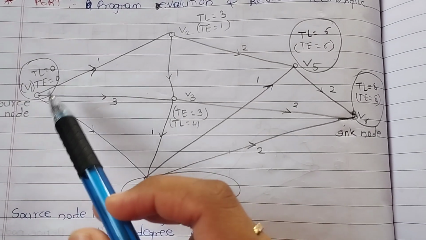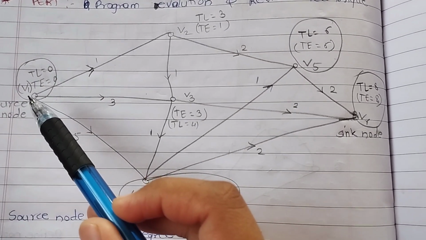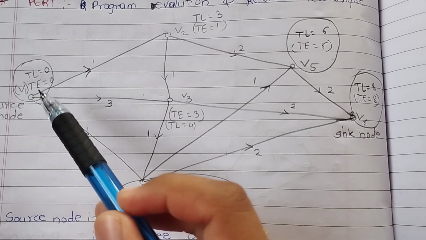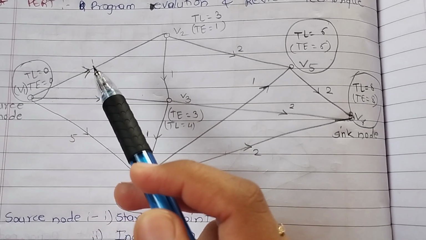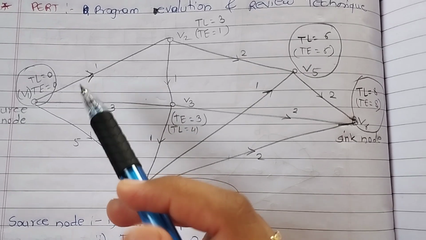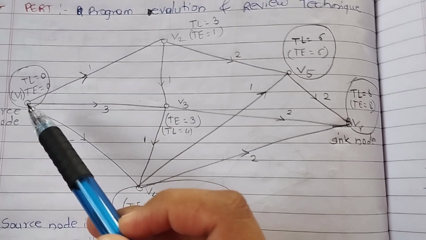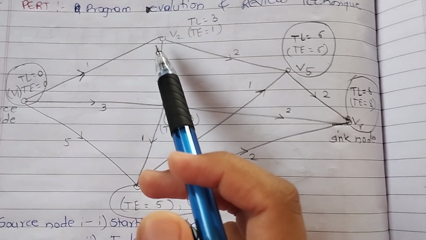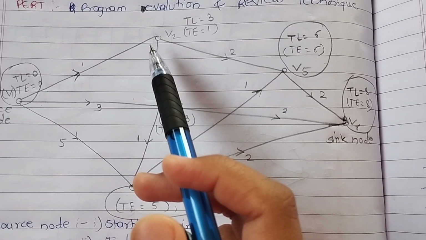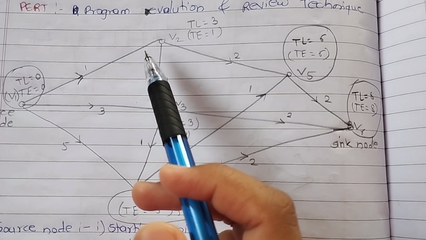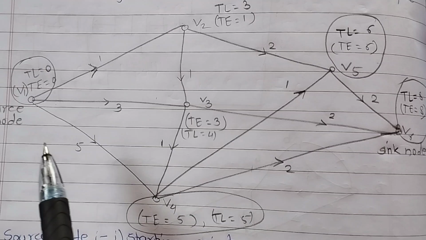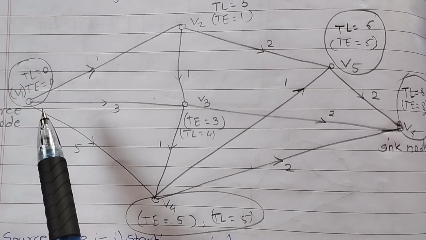As we know, V1 has TE exactly equal to 0, and for all remaining vertices we find the TE. First, for V2, how many possible ways are there to reach it? Let's see. We start from V1.